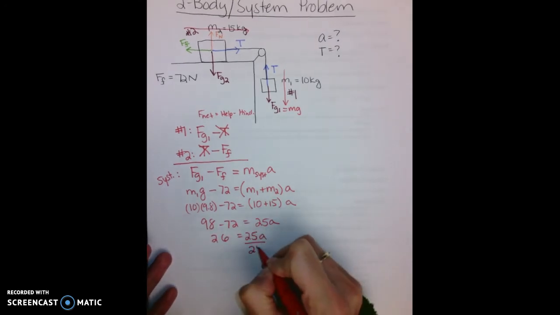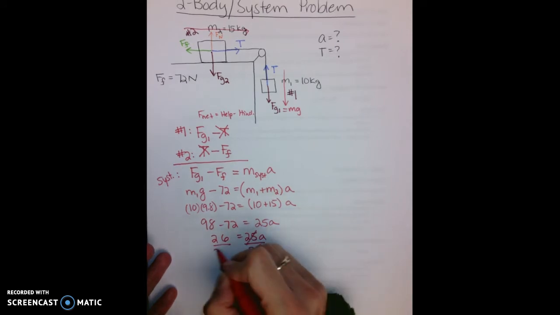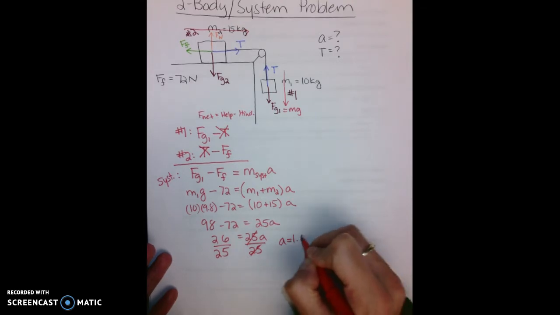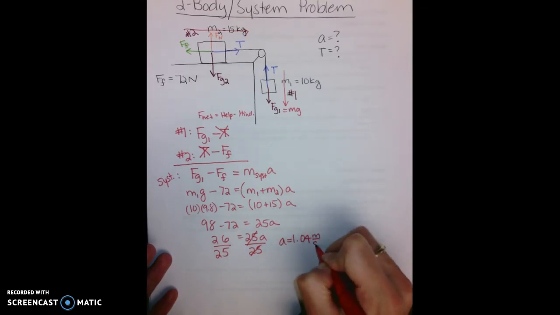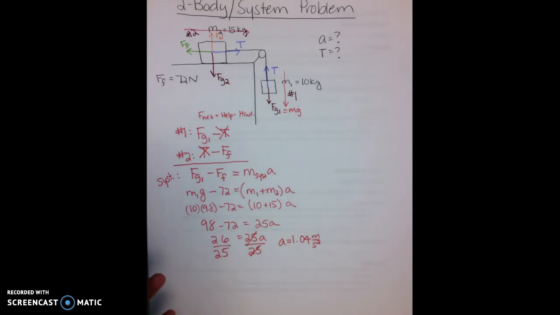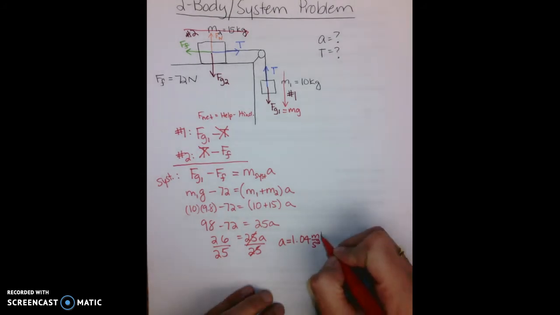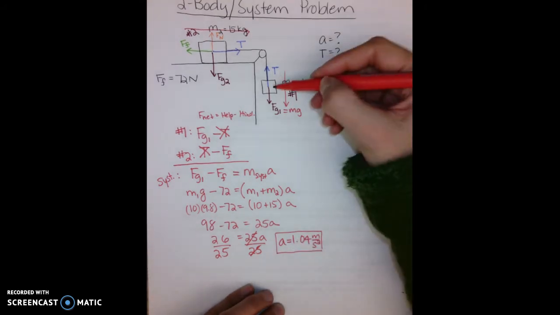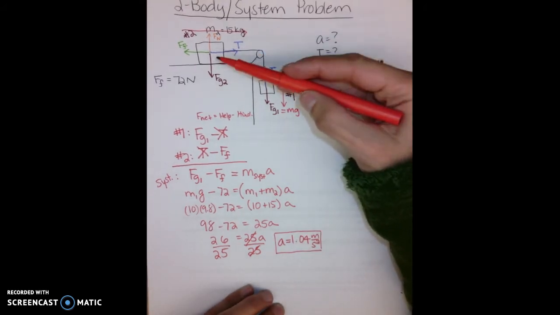And divide by 25. That leaves me with an acceleration of 1.04 meters per second squared. And that's our acceleration for the system. So that qualifies as the acceleration for both mass 1 and mass 2.